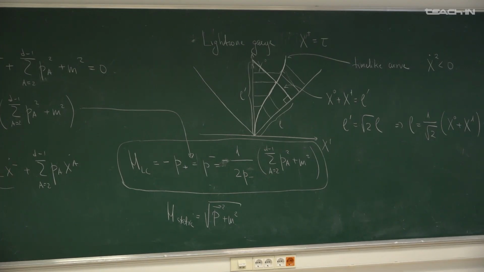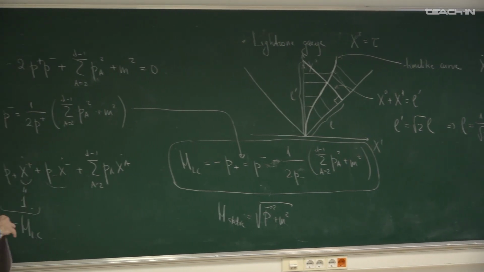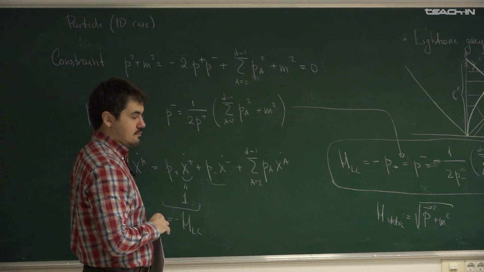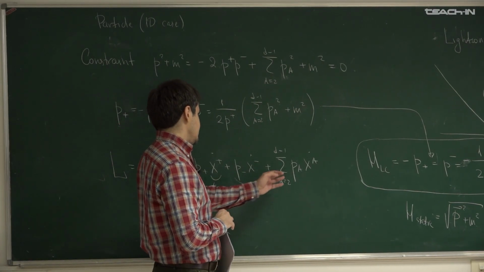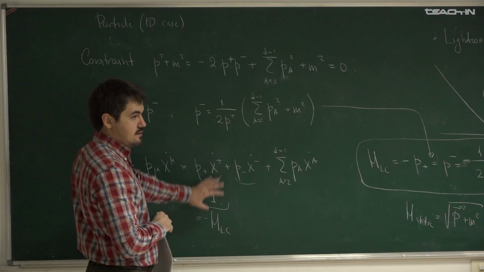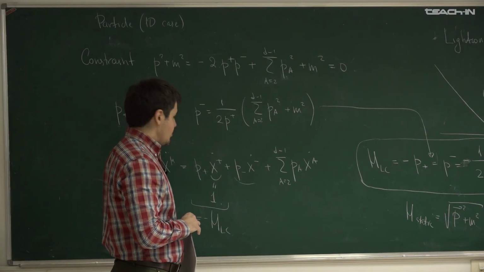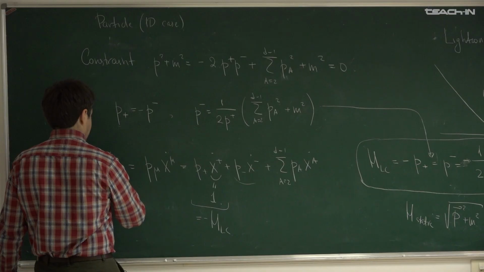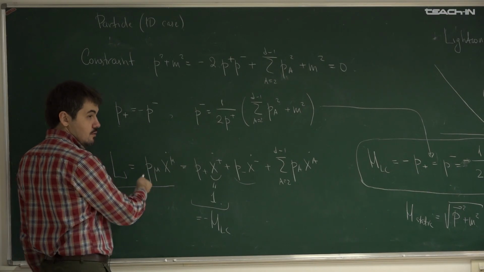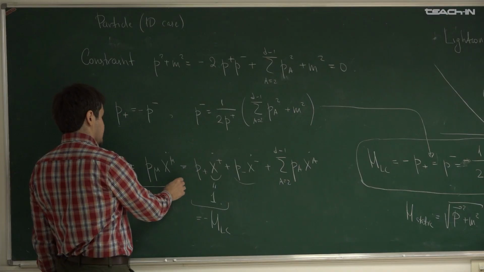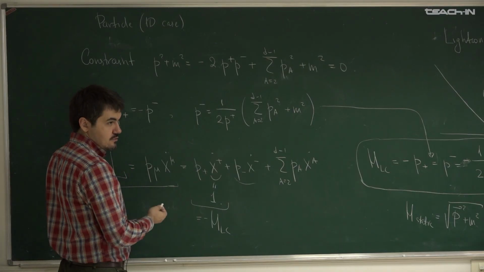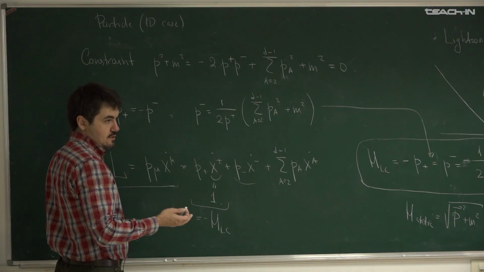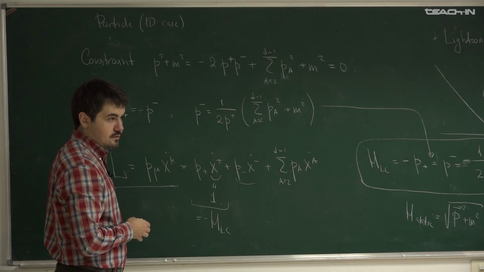So can you repeat again why this is minus H_LC while the first term is minus? That's just by definition that the Lagrangian is p x dot minus the Hamiltonian. So whatever we have here should be identified with minus the Hamiltonian. We discussed that we said first that the Hamiltonian is kind of 0 here, right? We discussed it in previous lectures, but then we had the constraint on top of that, p squared plus m squared, which we imposed by Lagrange multiplier.